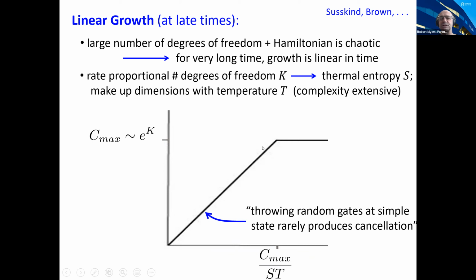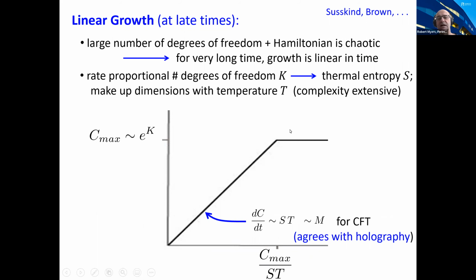Now, what should the slope here be? Well, it should be proportional to the number of degrees of freedom. And they argue, or Lenny argued, that the entropy of the thermofield double state is a good proxy to measure the number of degrees of freedom that are relevant here. It's a time rate of change, and so I need to make up the dimensions. So he argued that the temperature is the natural scale to introduce, and that gives you a complexity that's extensive, or proportional to the size of the system.